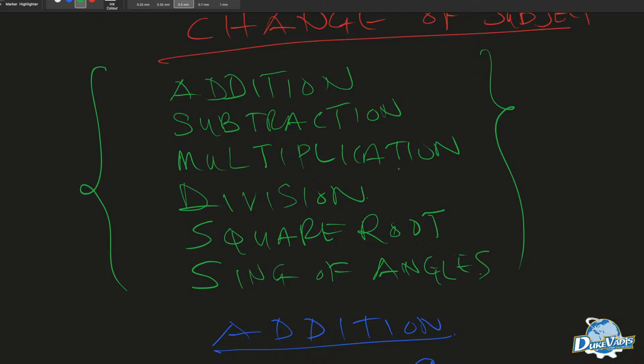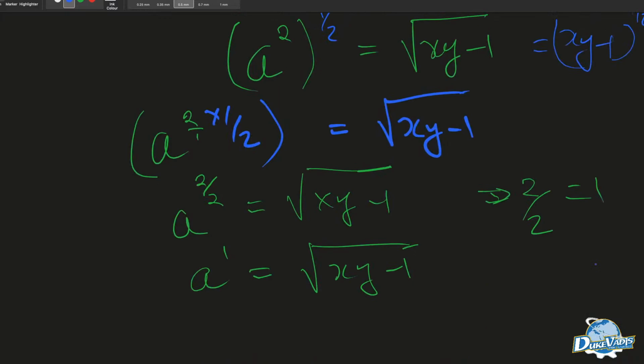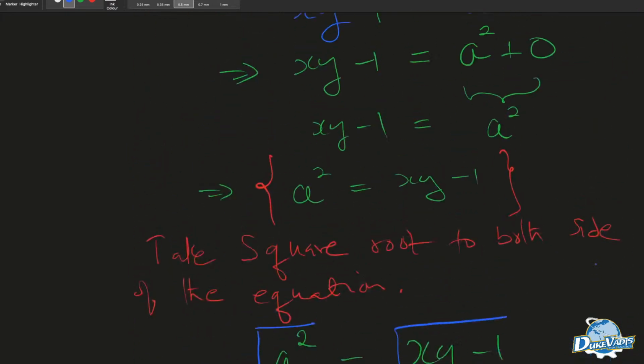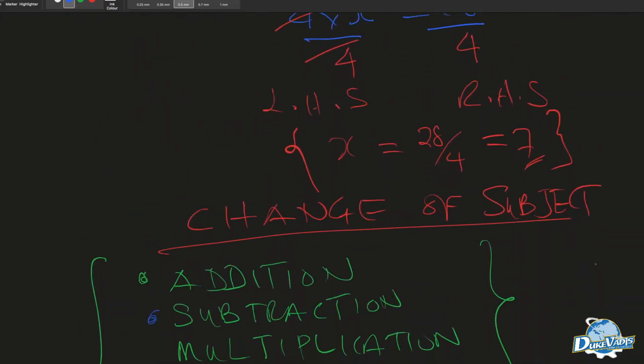So far we have seen addition, a bit of subtraction, and a bit of square roots. We haven't seen multiplication, division, and the sign of angles. There's more. That's why we say etc. So now let's see one more example where it involves multiplication.